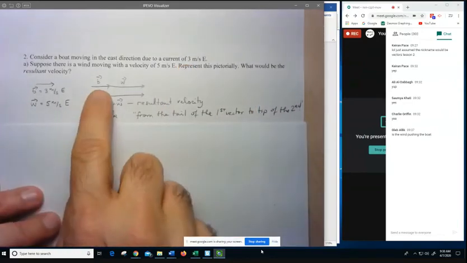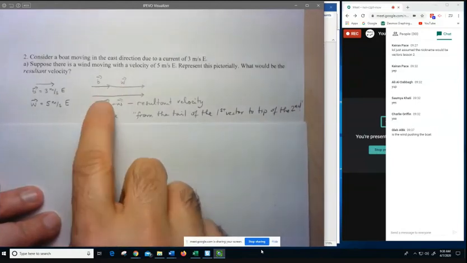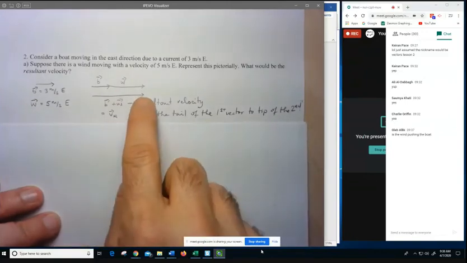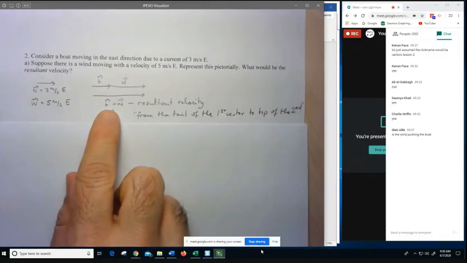I take my vector B, place vector W tip to tail, and then the vector that goes from the tail of the first to the tip of the second represents the resultant of these two velocities. So in the end, this boat would be traveling at 8 meters per second. And this resultant of combining these two vectors is how we define addition.